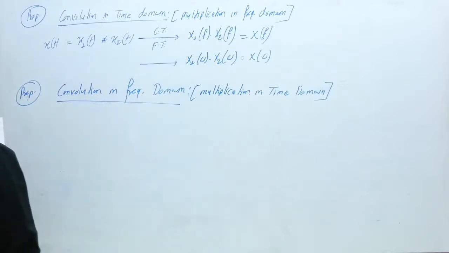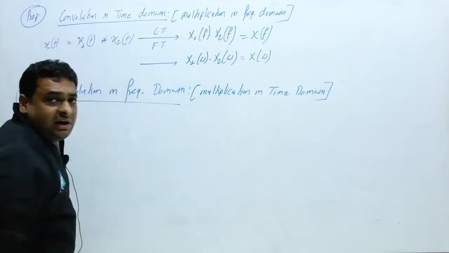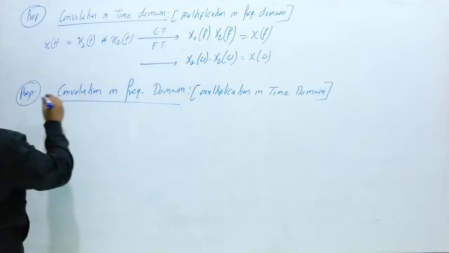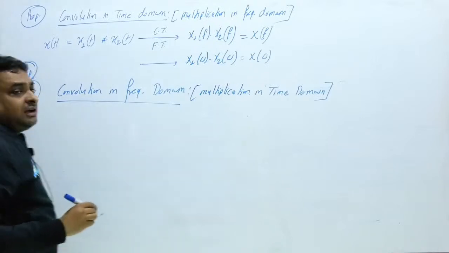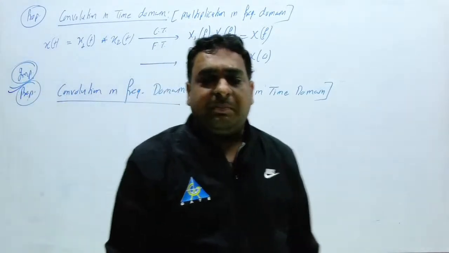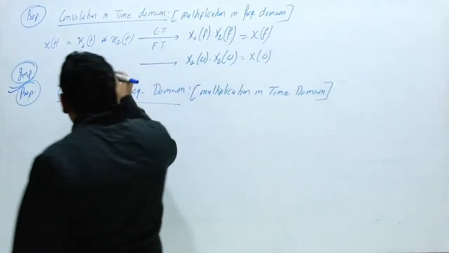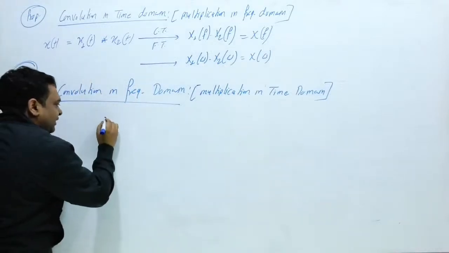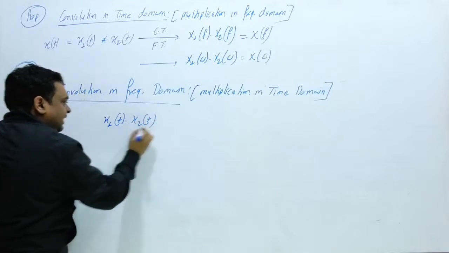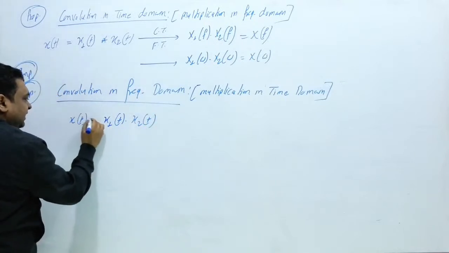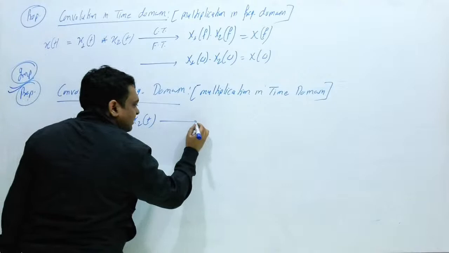Now, what will be this property? Here many students go wrong in this property. This is very, very important, and I want to tell you where they go wrong. This is x1(t) multiplication x2(t), and this is nothing but the new signal x(t). What will be this Fourier transform?